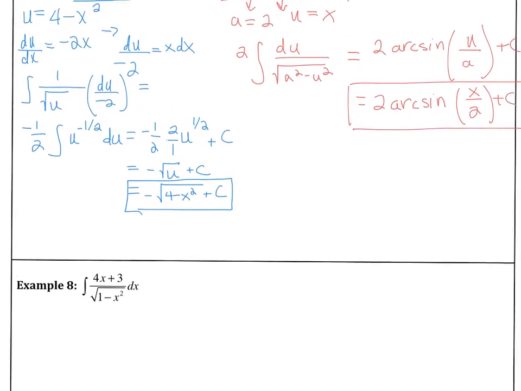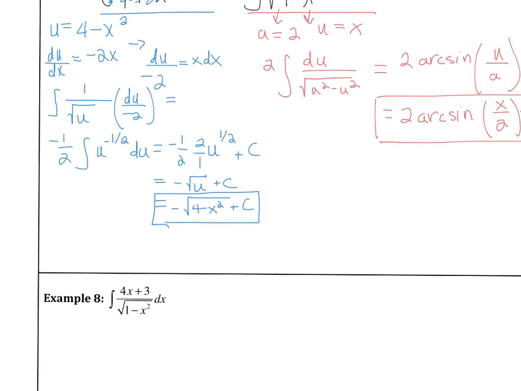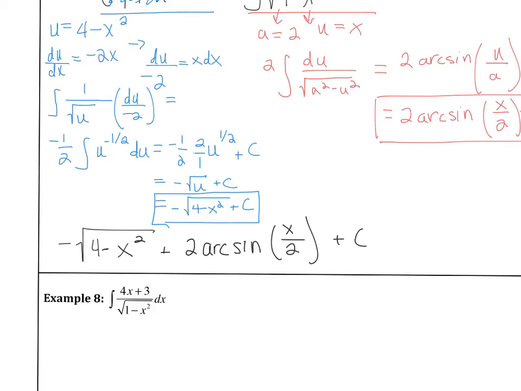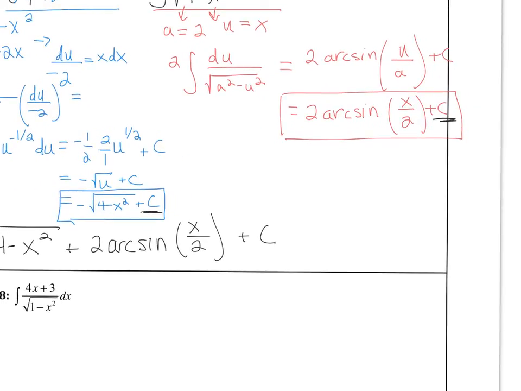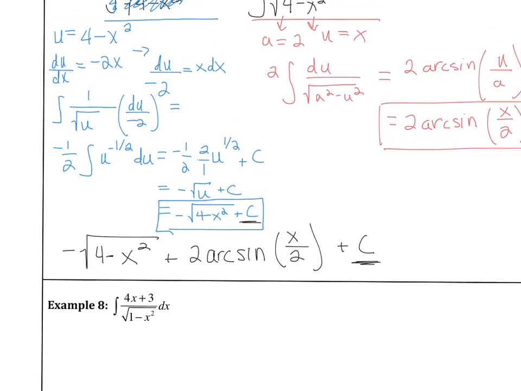So our final answer will be negative root 4 minus x squared, and then I'll say plus 2 arc sine x over 2, and then just one big plus c, right? Because this c plus our other plus c, that's just some other third constant c. All right, so again, it's not difficult, it's just a lot of work because you have to do 2 integrals.